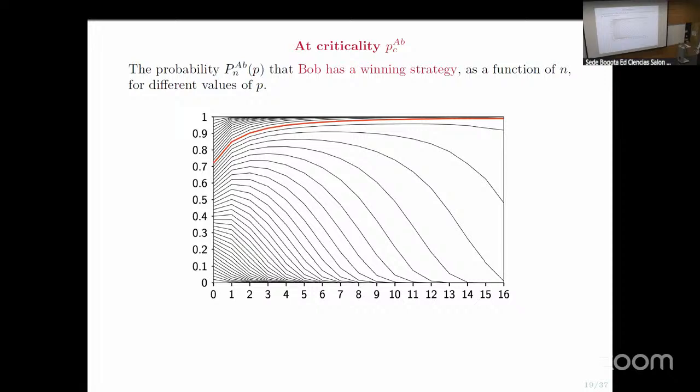Above this red curve, everything goes to 1. But the red curve is not so clear. You can think that maybe it goes to 1, but maybe it goes to 0, or maybe it stays there. This simulation suggests that the critical value is around this value here, and we start to believe that actually this goes to 1.